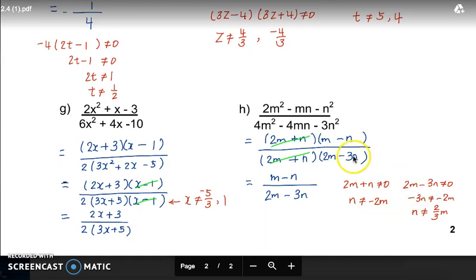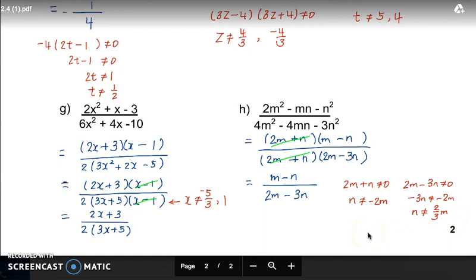And set 2m minus 3n not equal to 0 to be consistent. We'll try to isolate for n. So -3n is not equal to -2m. Divide both sides by -3, you get n not equal to 2 over 3 m.